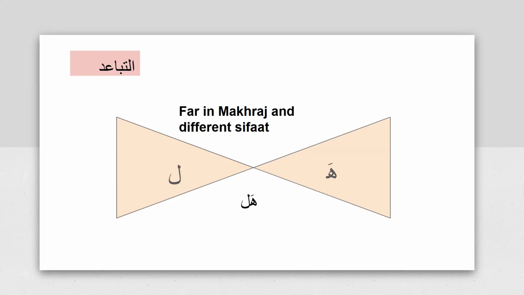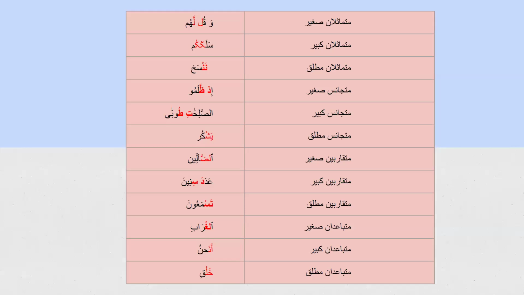Ha has hams, lam has jahar, ha has riqawa, lam has tawassut, and they both have istifal and infitah, but they only share 2 sifat, and the requirement is there should be a minimum of 3 sifat which they need to share for it to be called taqarub. So they are far in makhraj and different in sifat. Therefore the relationship is mutlaq, and they are taba'ud when we look at the makhraj and the sifat.